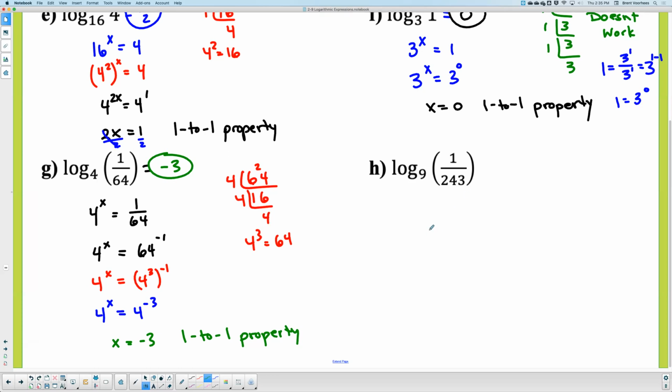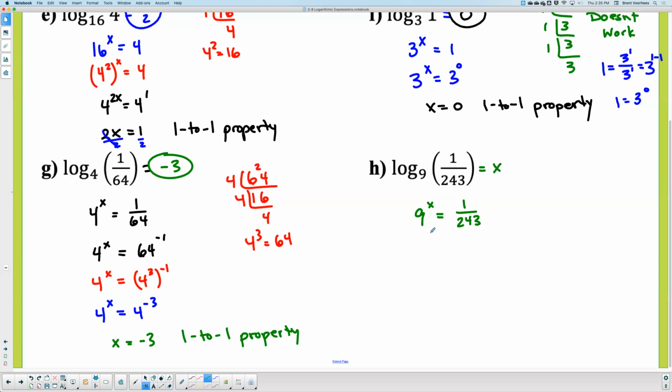Last one. If we were to work our way through this one, we would say this equals x for now. When I convert this one, how would it look? 9 to the x equals 243 to the negative 4?